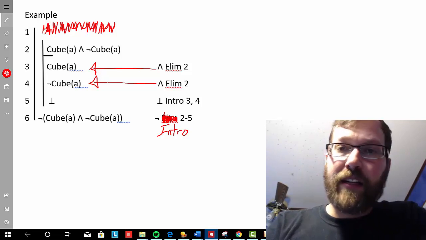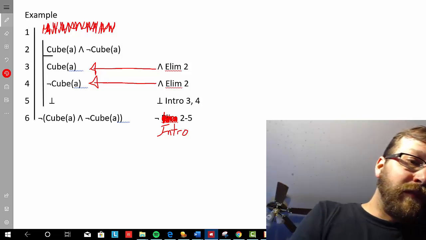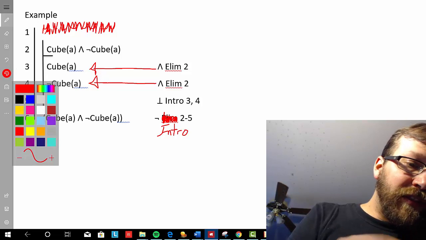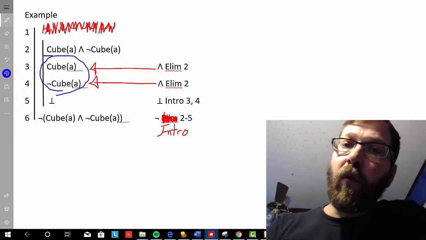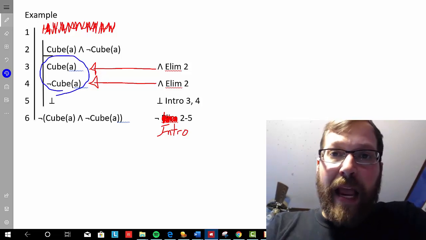It's not the case that A is a cube. And now, steps 3 and 4 take the form of P and not the case P.